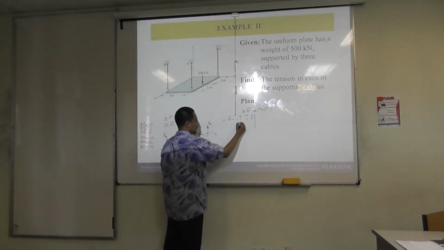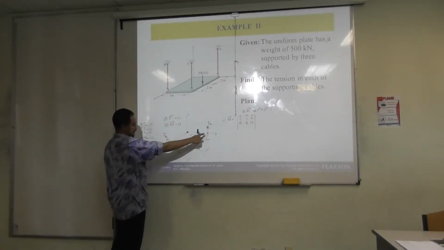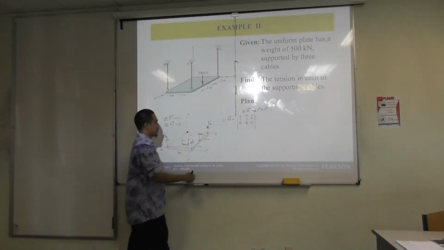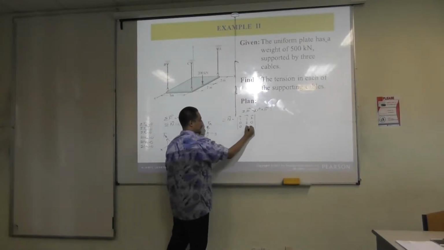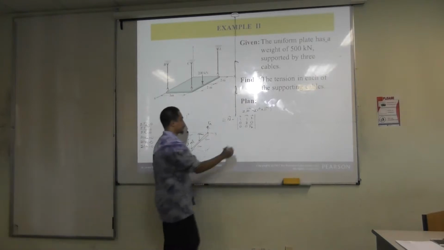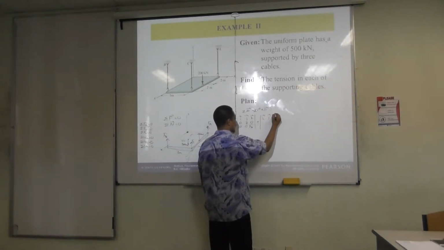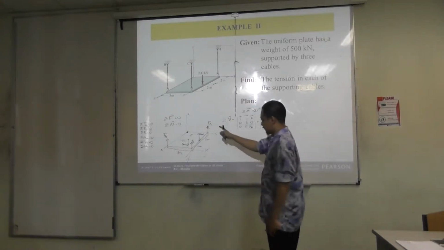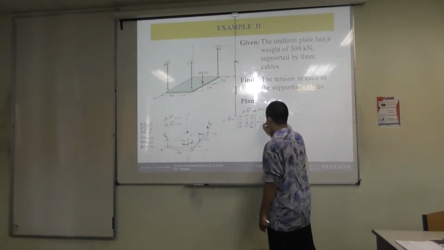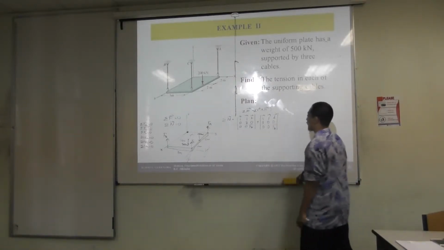So 0, 3, 0, and then here is 0, 0, Fa. For Fb, i, j, k, it will be 4, 0, 0, 0, 0, Fb.